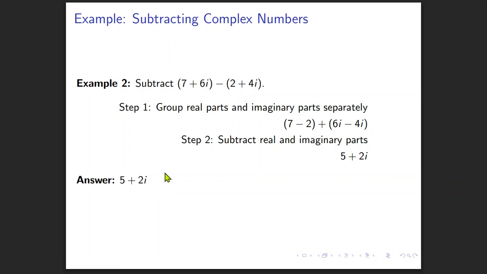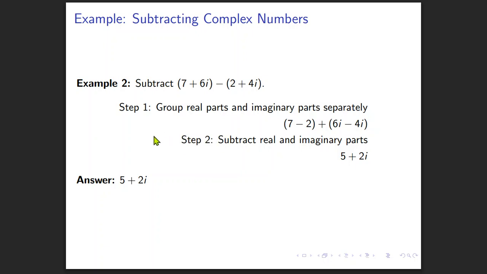So we take another example, subtracting complex numbers. Given these complex numbers, we are asked to subtract 7 plus 6i minus the bracket 2 plus 4i. Step 1: group the real part and the imaginary part separately.